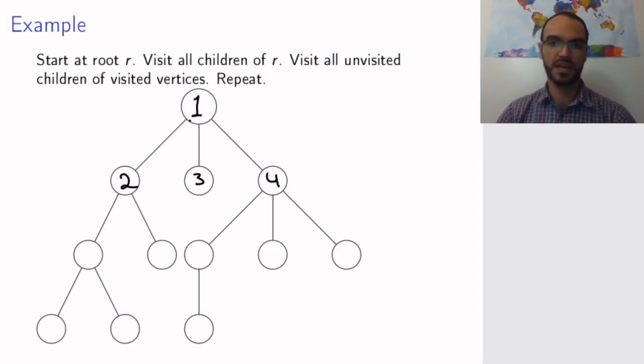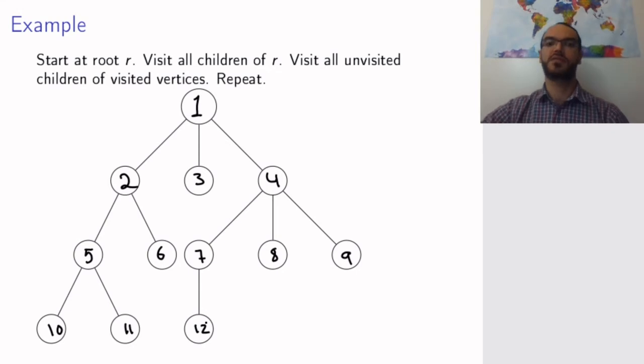So now all the children of this visited vertex are visited. So you go through the unvisited children of 2. 3 has no children. 4. And you continue on to the next layer, and so on. So the important thing is that you go layer by layer, so to speak, increasing the distance to the root only once you have visited all the vertices at the same distance.